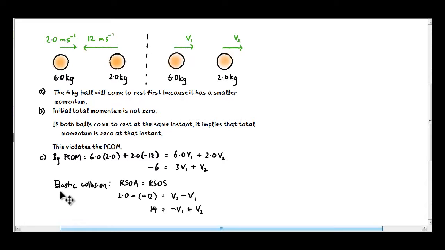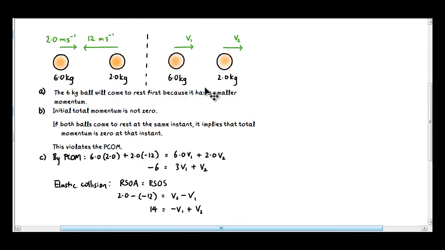Because this is an elastic collision, we know that the relative speed of approach is equal to the relative speed of separation. So before the collision, the two balls were approaching each other at the relative speed of 2 minus negative 12. So they were approaching each other at the relative speed of 14.